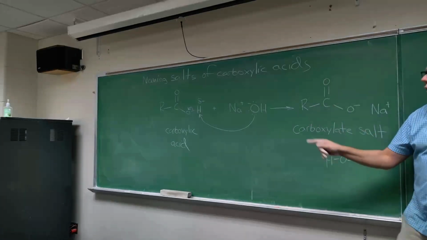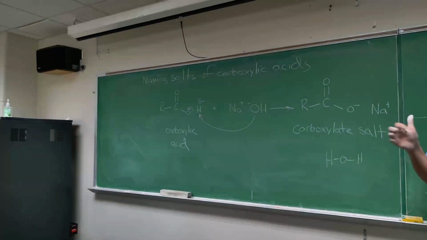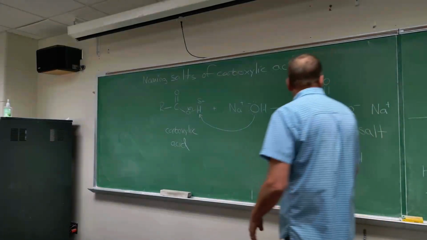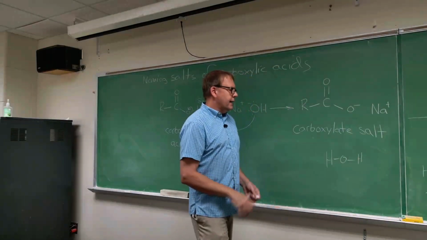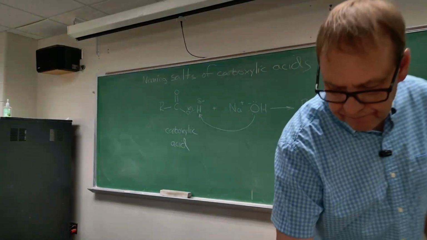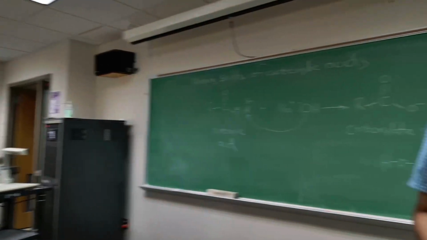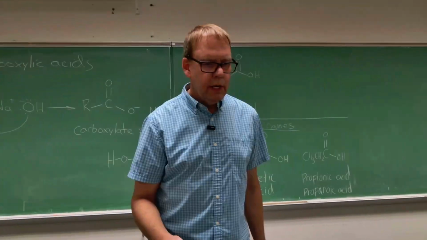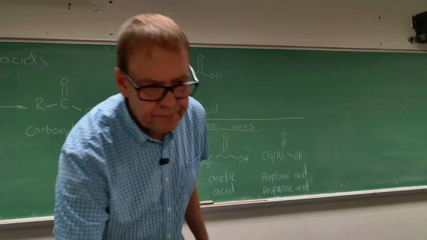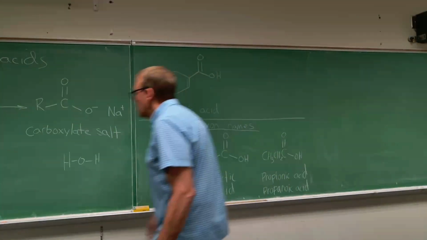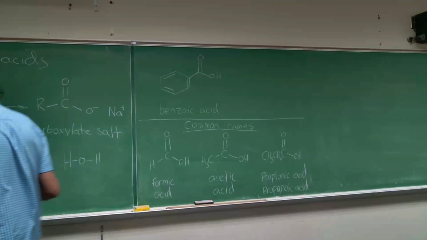So proton on, proton off. But it's important to understand that they're very closely related functional groups. So these have names, and we're going to talk just really briefly about how to name them. So I'm going to slide this over and talk about carboxylate salt naming.